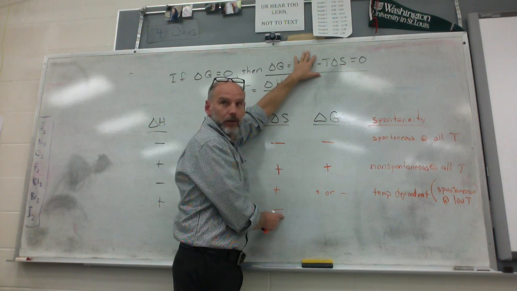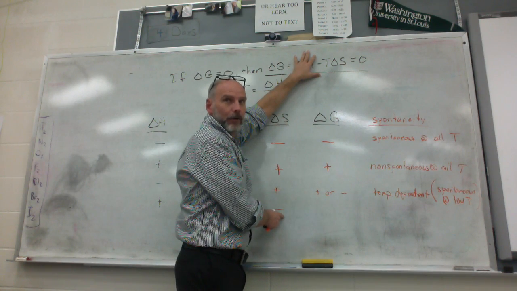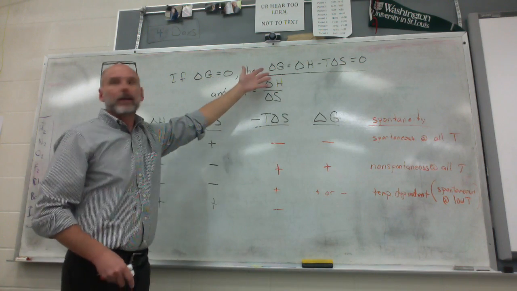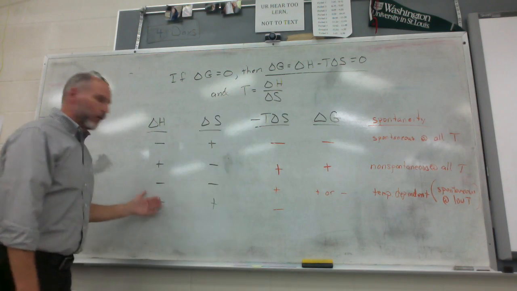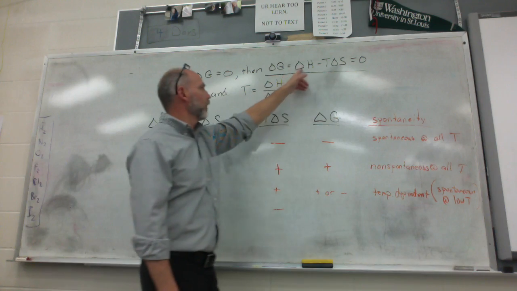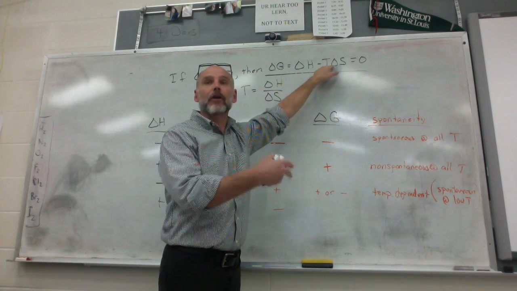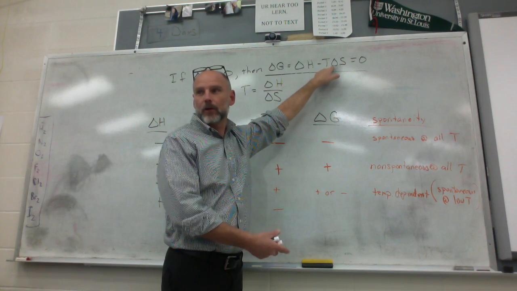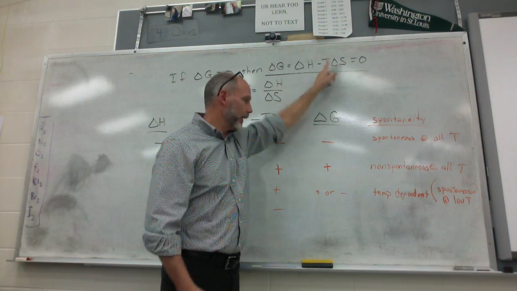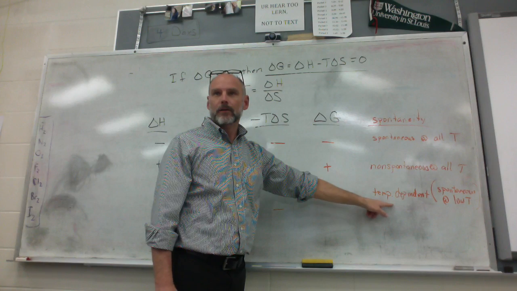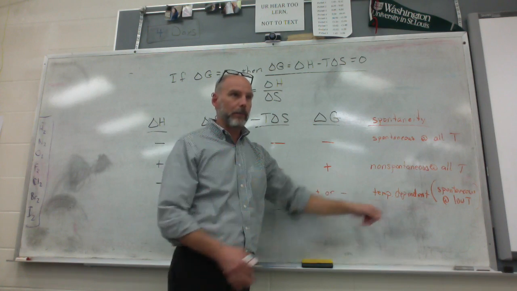Okay? You with me? So now, once again, this has to be negative to be spontaneous. The delta H is already positive. This is negative, but is it negative enough to make the delta G negative, right? So once again, it's going to be temperature dependent, right?